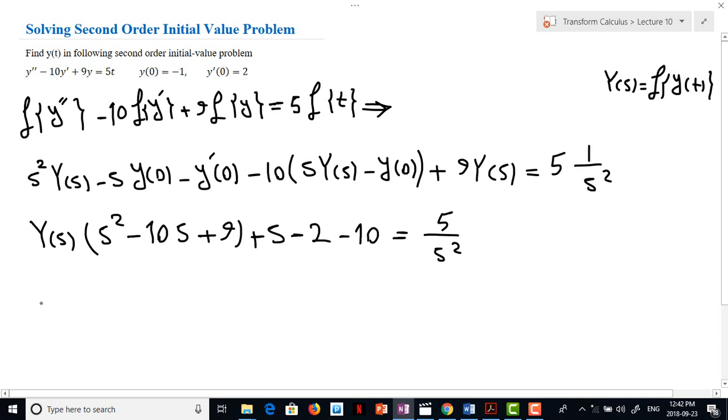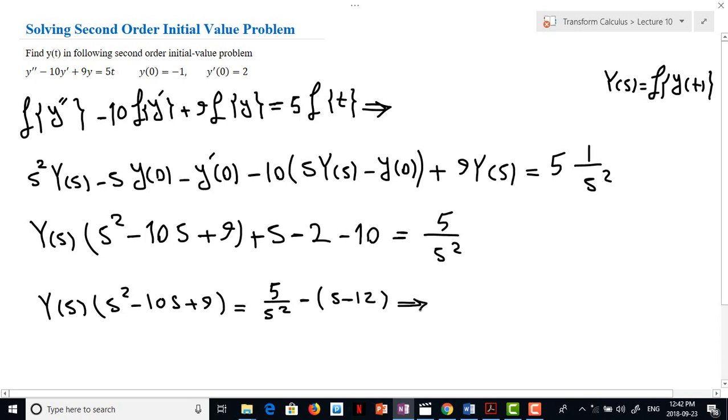As a result, Y(s) times s squared minus 10s plus 9 is equal to 5 over s squared minus, so here we have 12, so s minus 12.